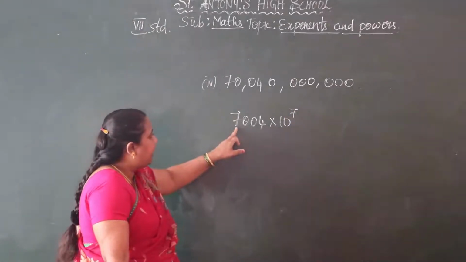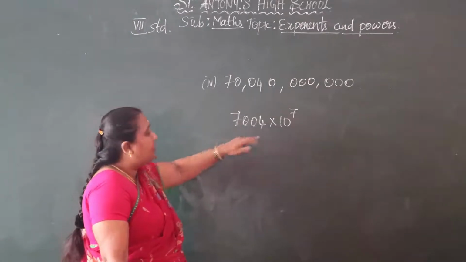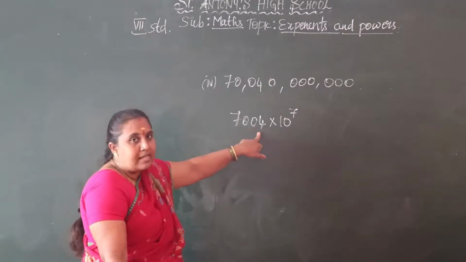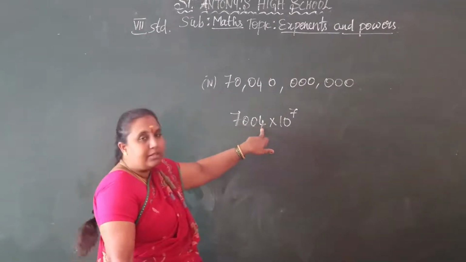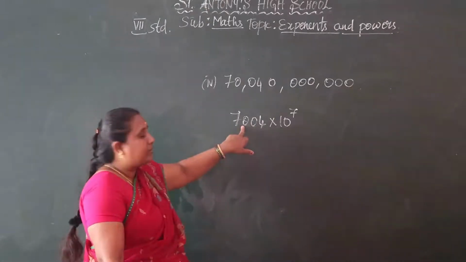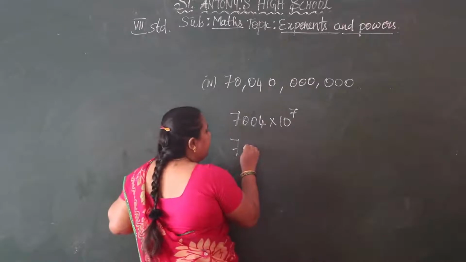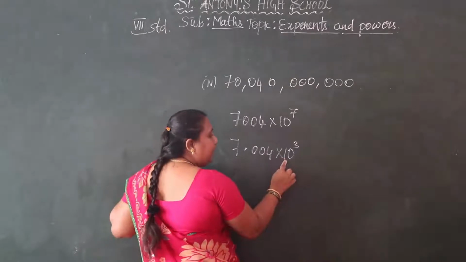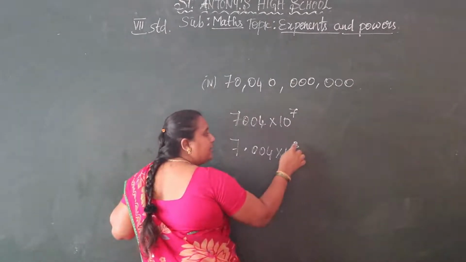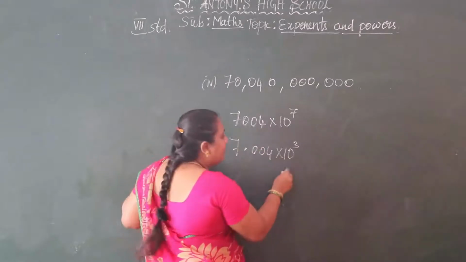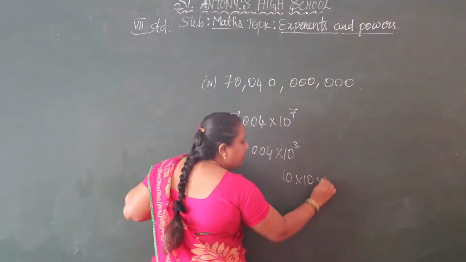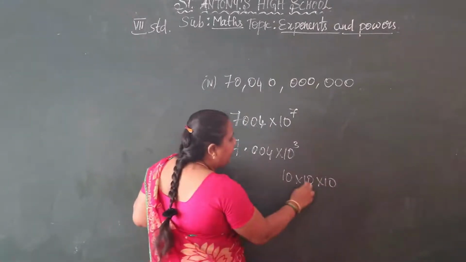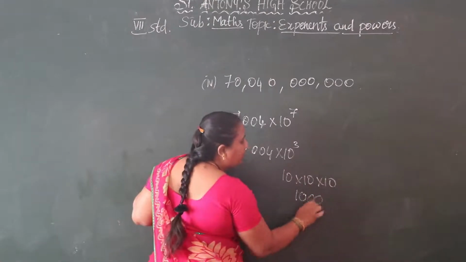But here we also have to handle 7004. We have to write this 7004 as 7.004 into 10 to the power of 3. 1, 2, 3 decimal places we are taking, so 7.004 into 10 to the power of 3. 10 to the power of 3 means 10 into 10 into 10. 10 into 10 is 100, and 100 into 10 is 1000.